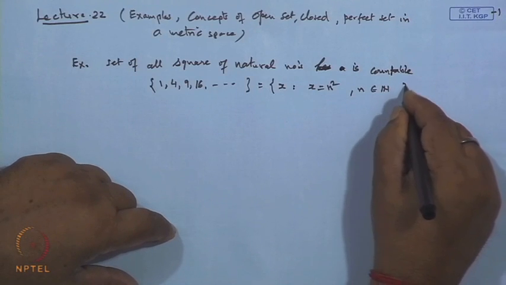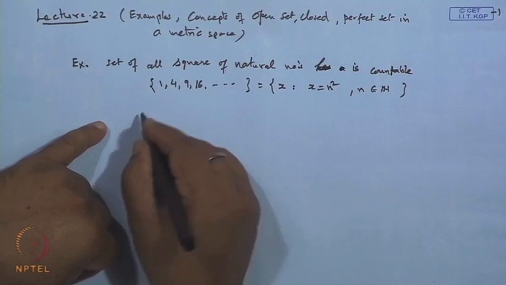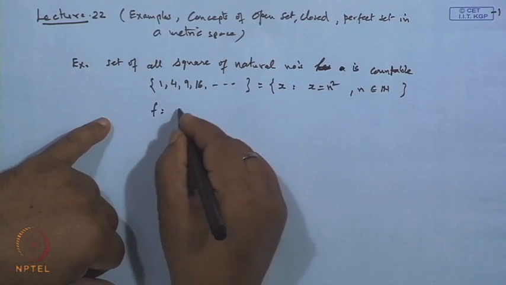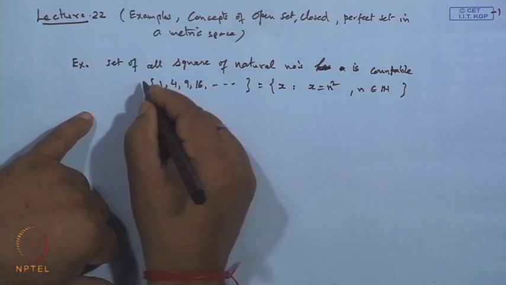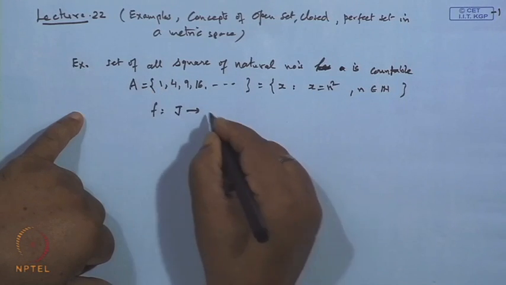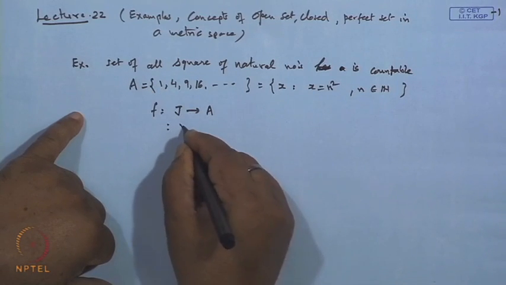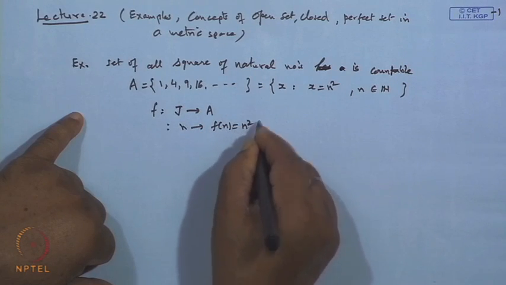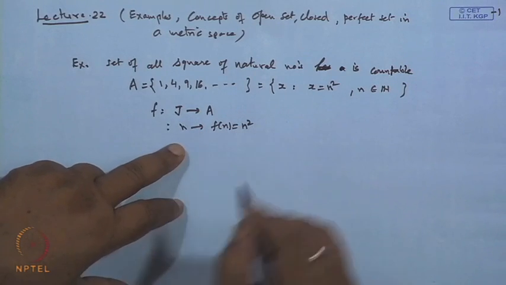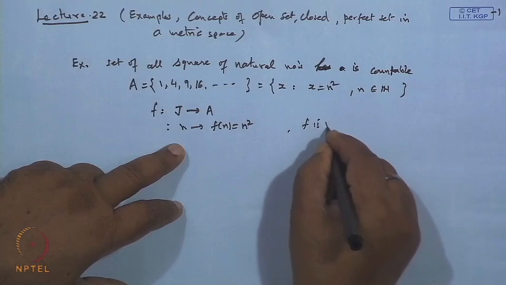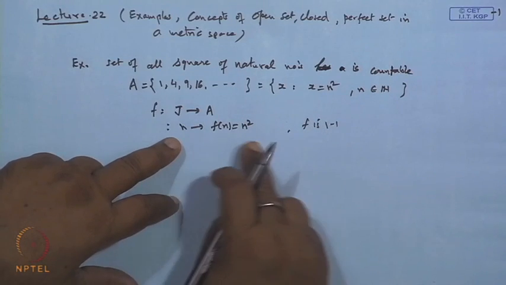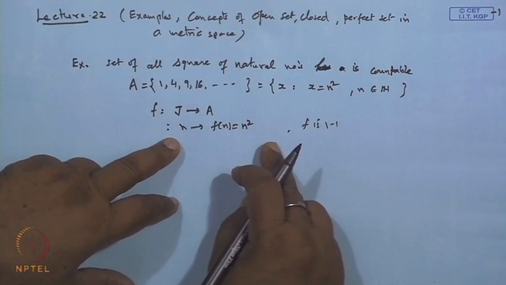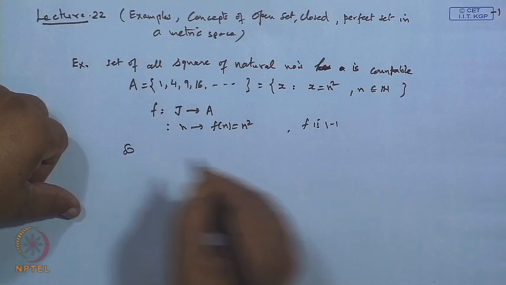Okay. So, this set has a 1-to-1 correspondence if we define a mapping f from J to this set, say capital A, which maps n to n square, that is f of n is n square. Then it is easy to show that f is 1-1. Why 1-1?